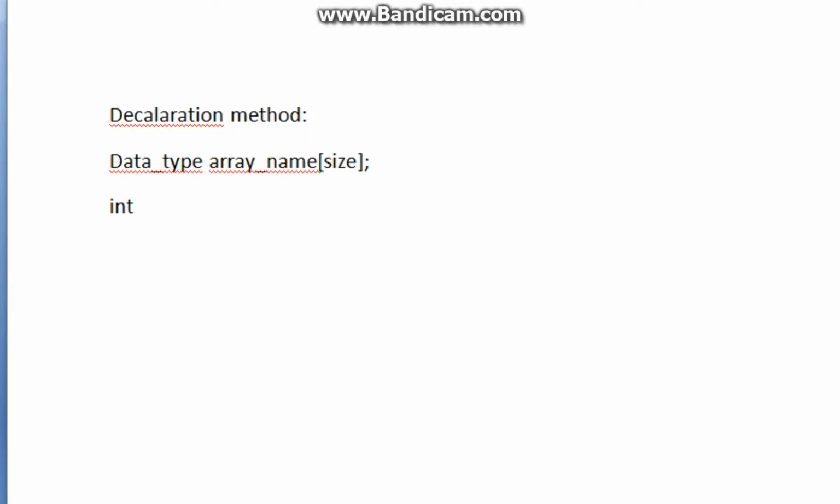Suppose I want to store the roll numbers of students of the class, so that will be of integer type, the array name is roll and the size will be 50, semicolon. This is the declaration for any array, and remember this size is fixed. Once we have fixed it as 50, it cannot be increased after declaration.